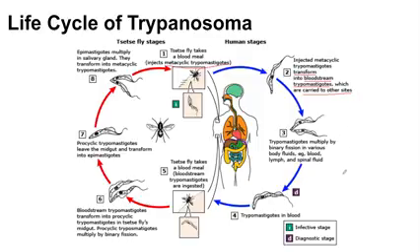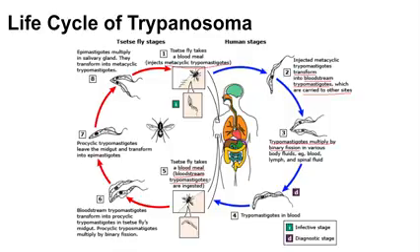Once they are within these different areas of the body, the trypomastigotes can continually multiply by binary fission. And they can start causing a lot of the symptoms we'll discuss in the next couple of slides. Now, when trypomastigotes are inside the blood, if a tsetse fly encounters the infected person, the tsetse fly can take a blood meal and itself become infected with the bloodstream trypomastigotes.